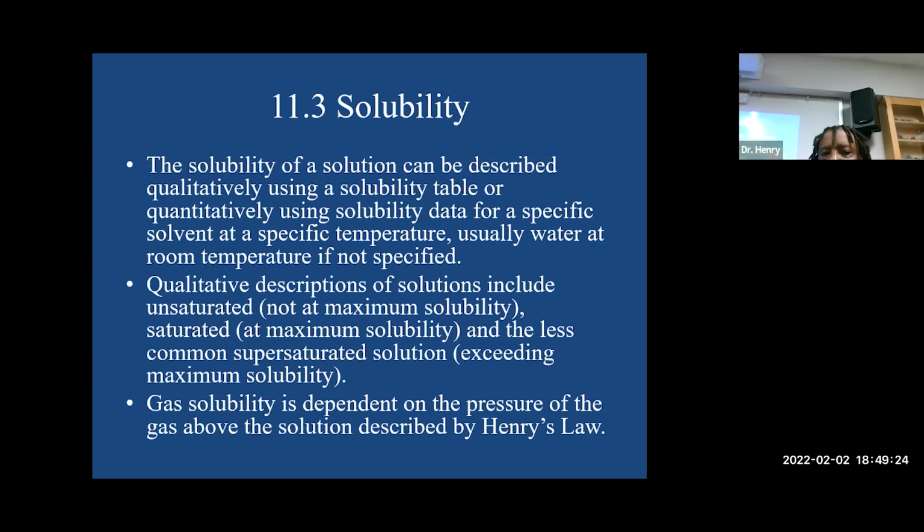And usually solubility is going to be defined at room temperature. So it's a specific solvent at a specific temperature. Okay.